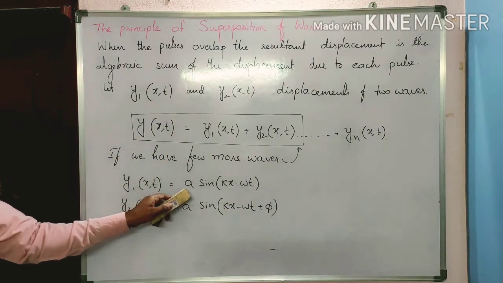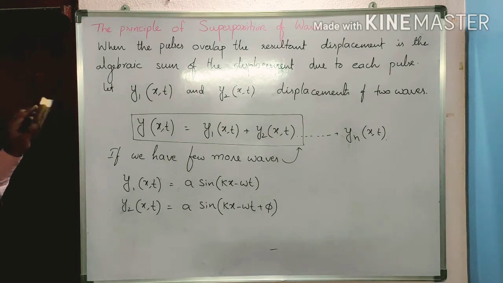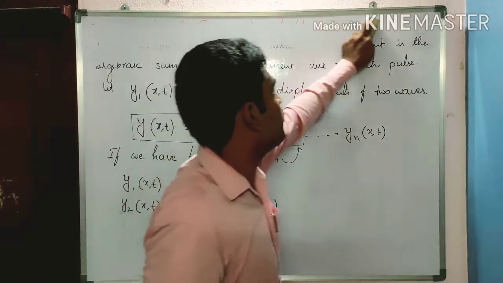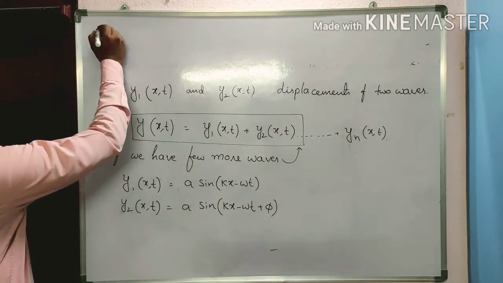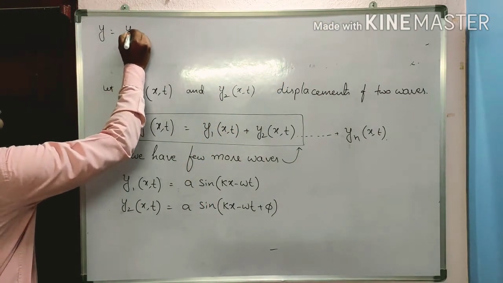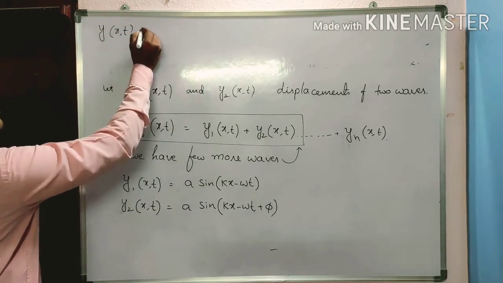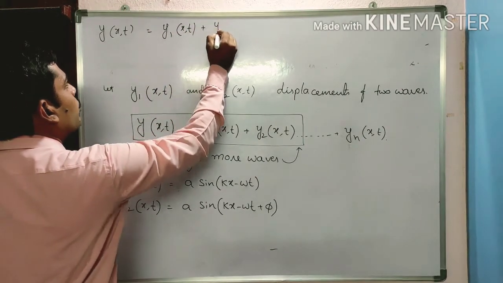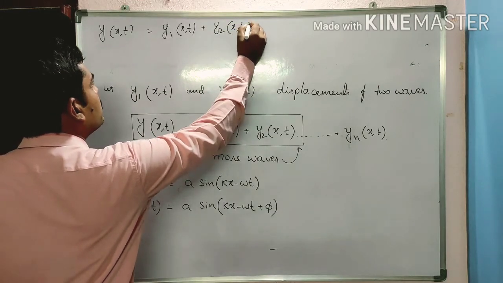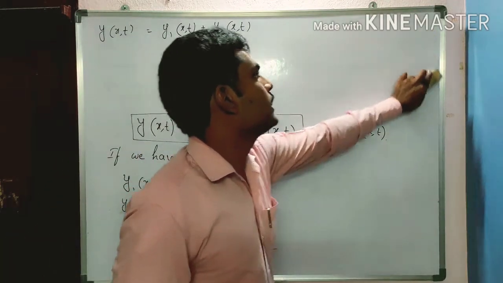So y1(x, t) = a sin(kx − ωt), y2(x, t) = a sin(kx − ωt + φ). Now according to the principle of superposition of waves, what I can write? y(x, t), this is the resultant wave, is equal to y1(x, t) + y2(x, t).